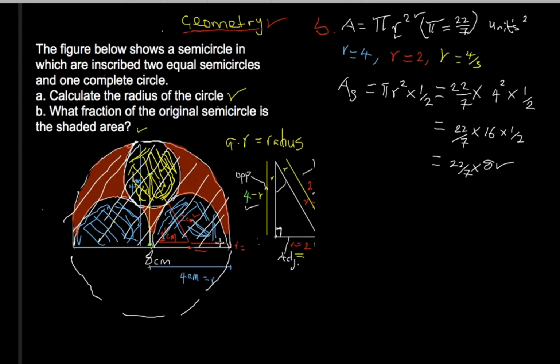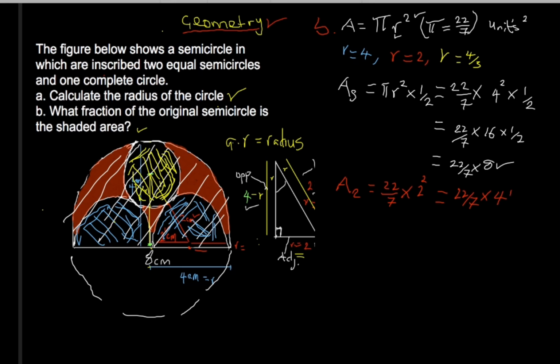The next one is the area of these 2 semicircles. Since these 2 semicircles are equal, if we join them together, they become a complete circle. I will call this area 2. It will be 22/7 times 2, which is their radius, squared. And we have 22/7 times 4.